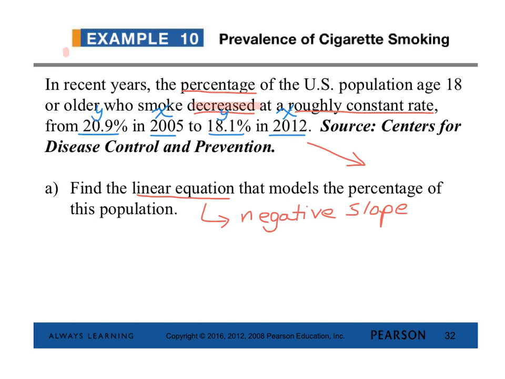And so this is giving me 2 points. From those 2 points, I can find the slope of this equation.